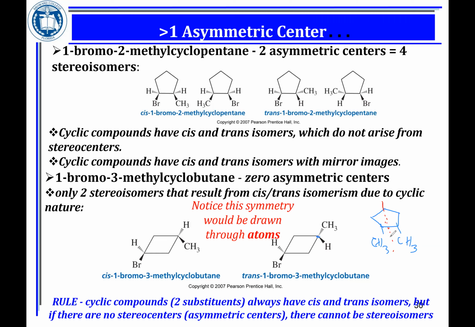If you cut the molecule in half, it basically has an internal mirror image. A compound like this is called a meso compound, M-E-S-O. That means this compound is going to be achiral.